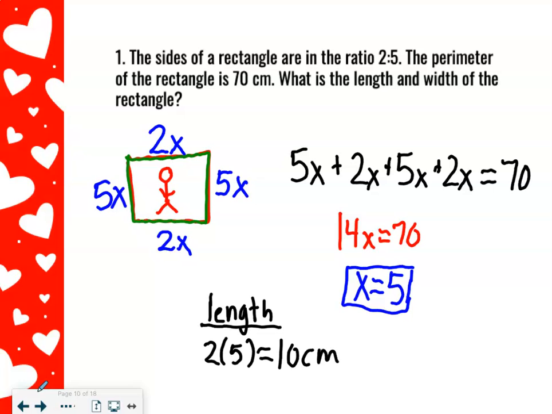And then our width will be 5 times 5 for a total of 25 centimeters. Okay, so that one, number 1, is just like number 12 on the bottom. I'm not going to do 12, but now you have an example of how to do it, okay? So maybe on 12, on the bottom of this page, you put like number 1, so you have an example.